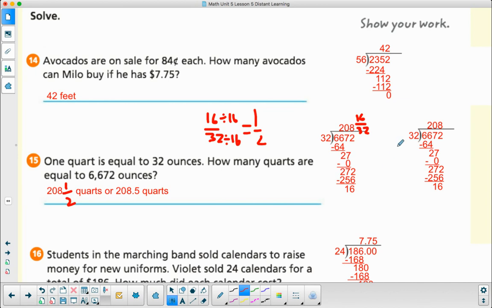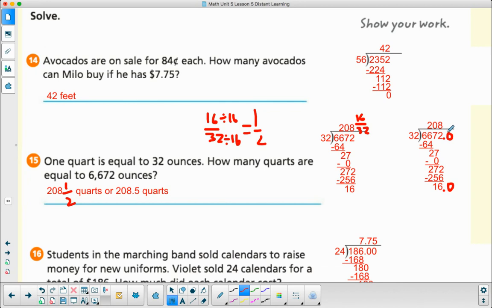Now in decimals, to make my remainder 16 a decimal, I'm going to attach a decimal point and a 0. Does not change my 6,672 at all. I'm going to bring down my 0. How many 32s in 160 tenths?